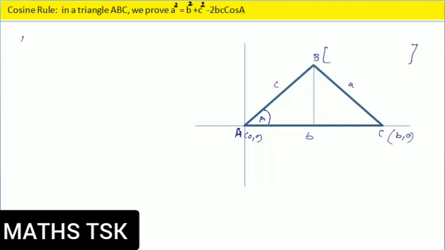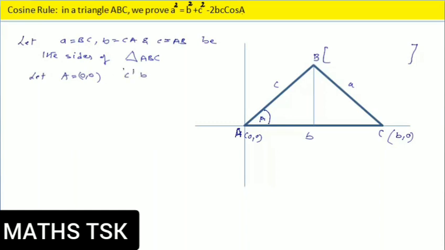Now let a is equal to BC, b is equal to CA, and c is equal to AB be the sides of triangle ABC. Okay, first one. Next, let A be the origin, A is equal to 0, 0.